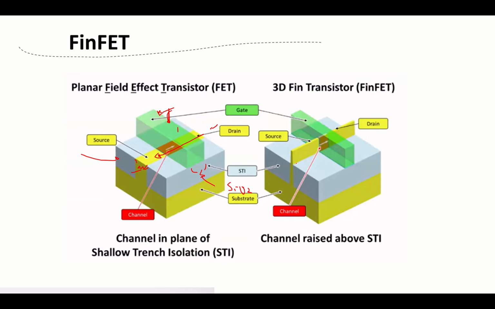They make the fin higher. This is a fin, so the width now will be 2 times the fin height plus 1 fin width. Current will increase a lot, and that's what TSMC and Intel are doing right now. This way, we can increase the current without reducing the length.